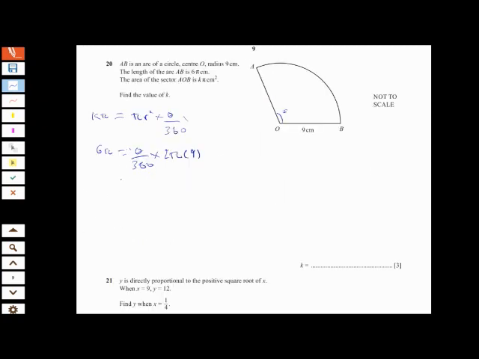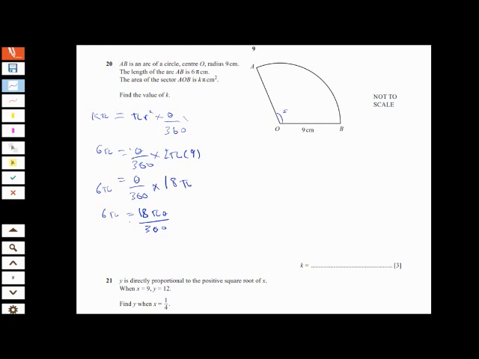So let's work this out. Theta over 360 times 18 pi, 6 pi. So 6 pi equals 18 pi theta over 360.